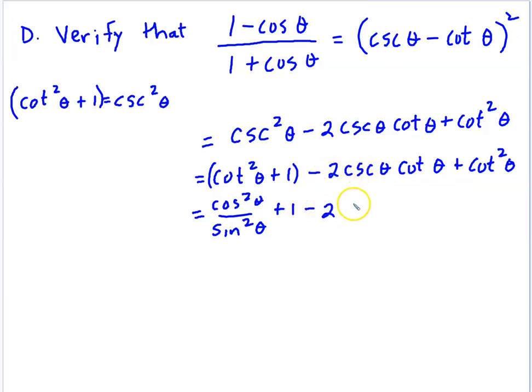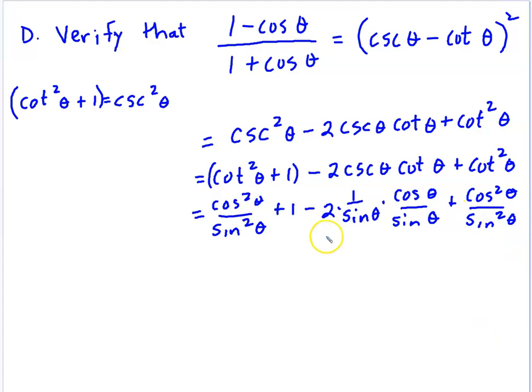And cosecant is 1 over sine. So these are all being multiplied together. Here's cotangent again, cosine over sine. And once again, cosine squared over sine squared.